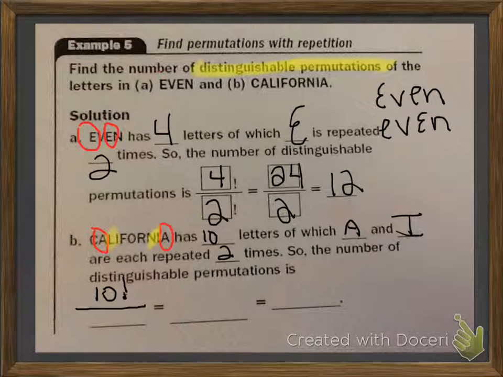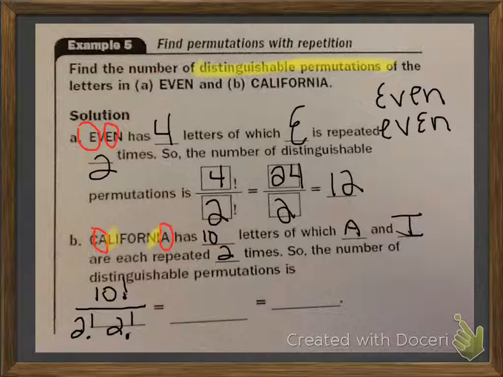So since I have two letters that are repeated, I'm going to have two things that are factorialed on the bottom. Since they are each repeated twice, that would represent my A factorial. Another 2 factorial would represent my I factorial, or my I that's repeated twice.